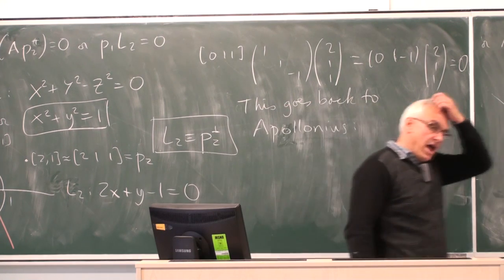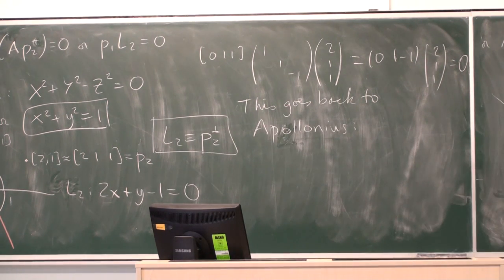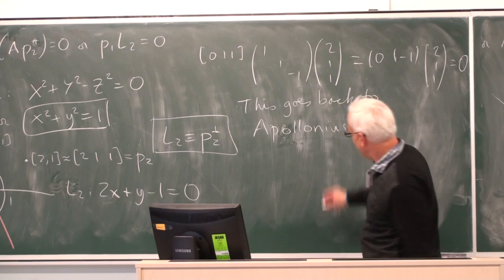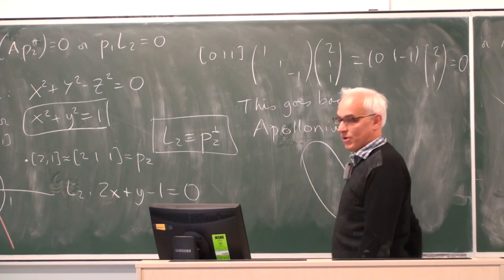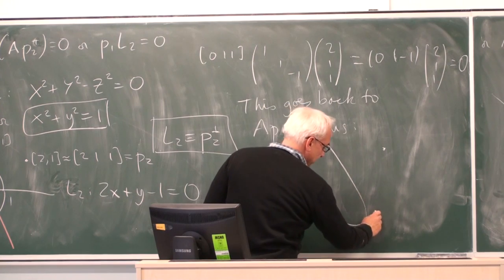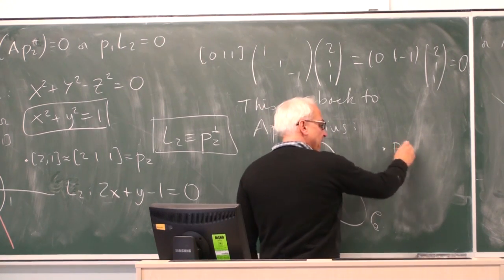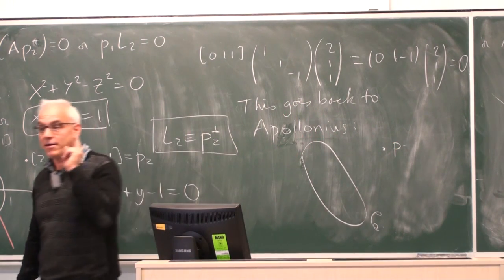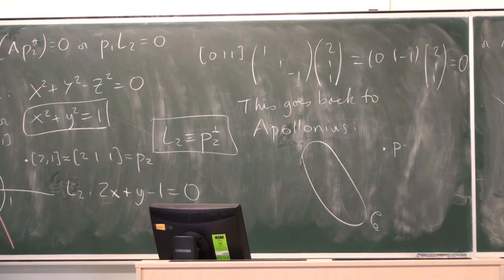Apollonius realized that if you have a conic, probably the most important property of a conic is the following. Here's an arbitrary conic, let's call it C, and to any point P you could associate a line. What was the line?